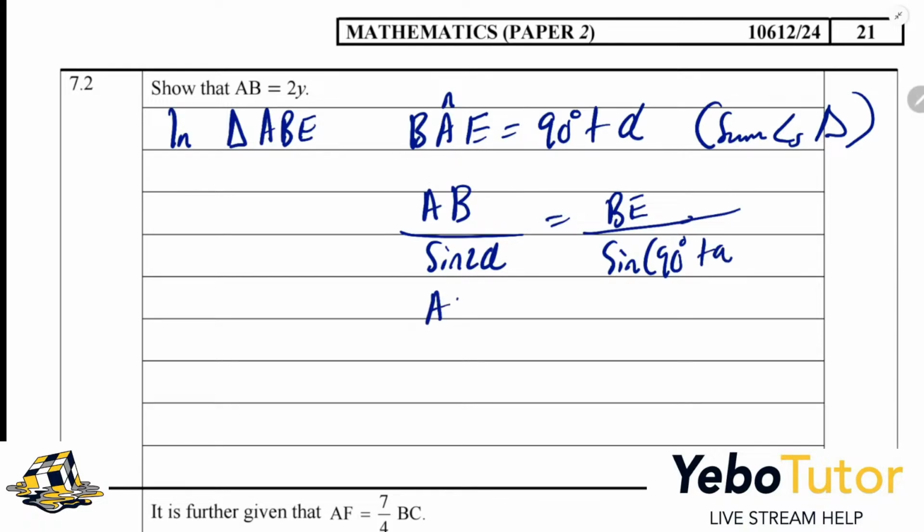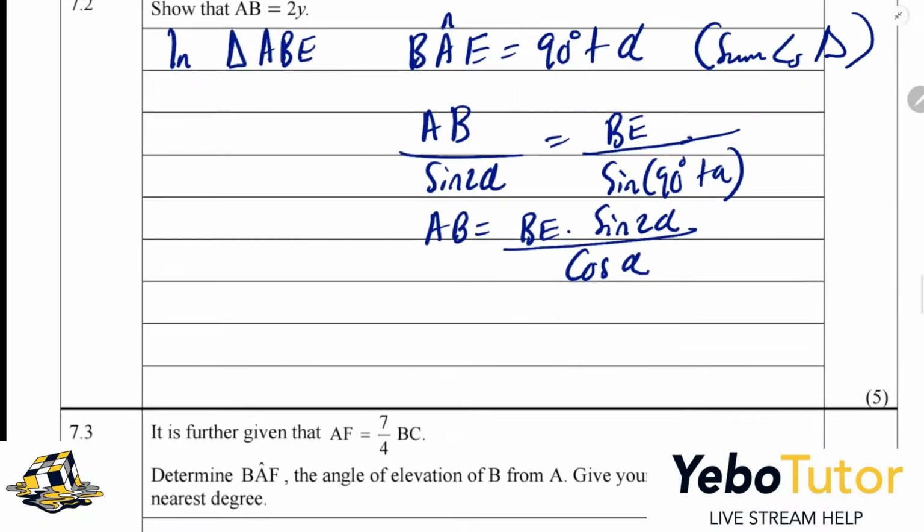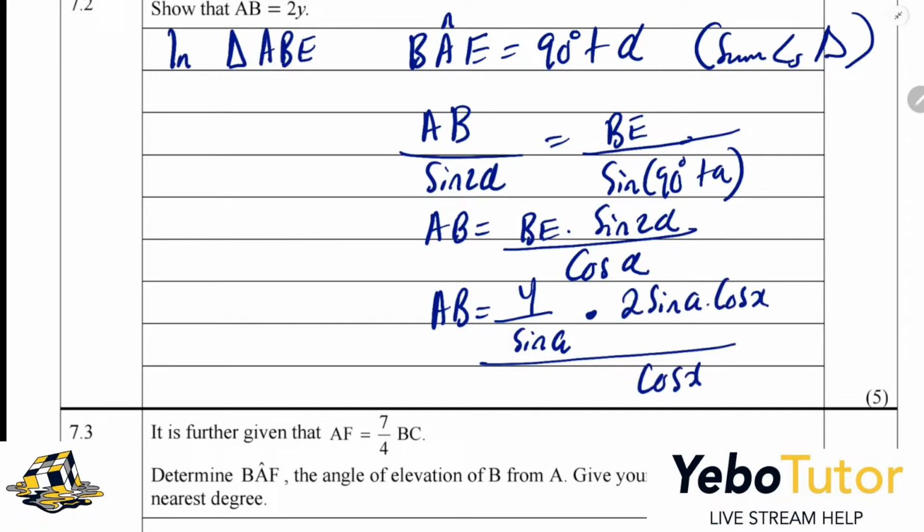So AB will be equal to BE multiplied by sine 2 alpha divided by sine of 90 plus alpha, which is just equal to cos of alpha, because at 90 degrees sine and cos change. So AB will be equal to BE, and BE we calculated as y over sine alpha, multiplied by sine 2 alpha, which is a double angle, 2 sine alpha cos alpha, then we divide all through by cos of alpha.